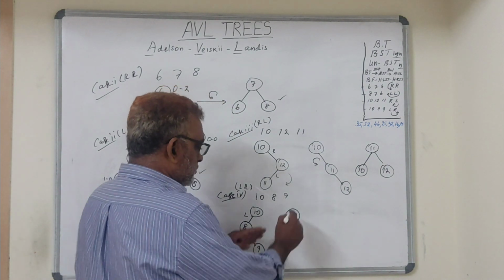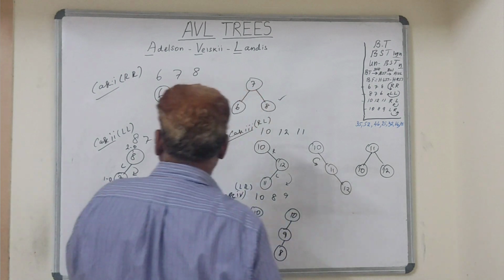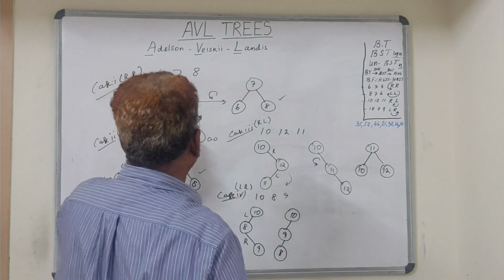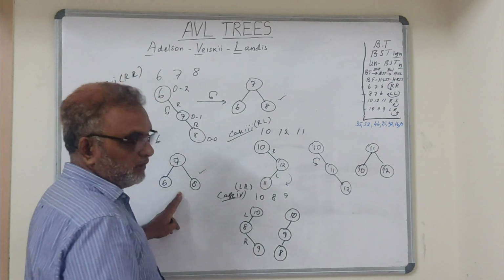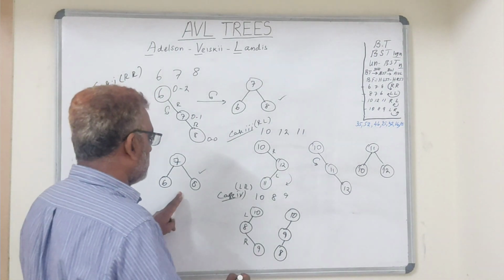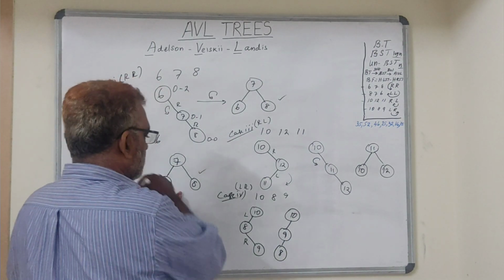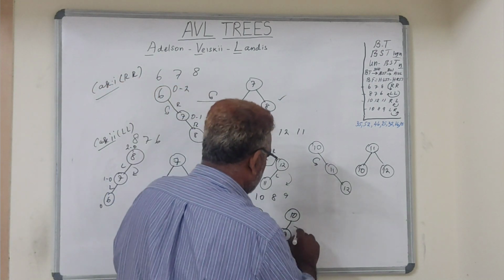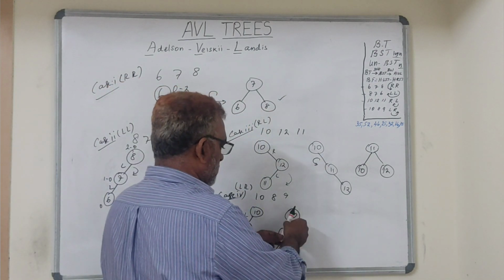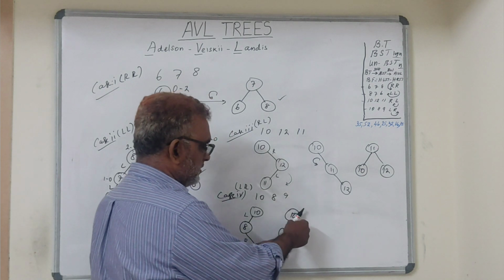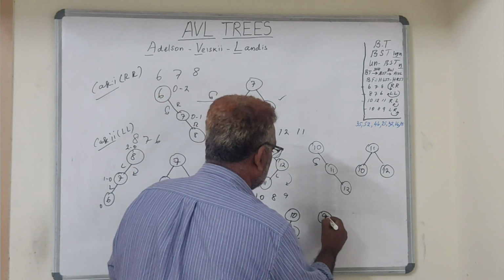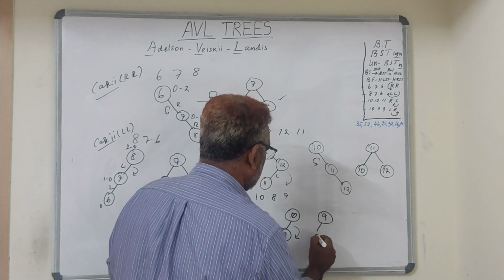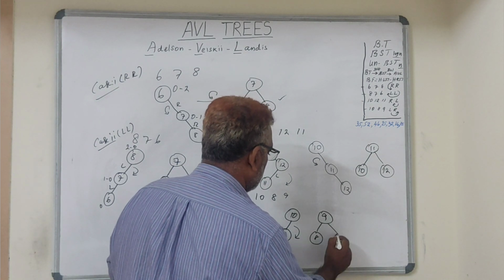Now we got the left skewed tree. You know how to convert the left skewed tree into its corresponding balanced tree: perform the right hand side rotation, the same thing. As a result, 9 will be here, 8 will be here, and 10 will be here.